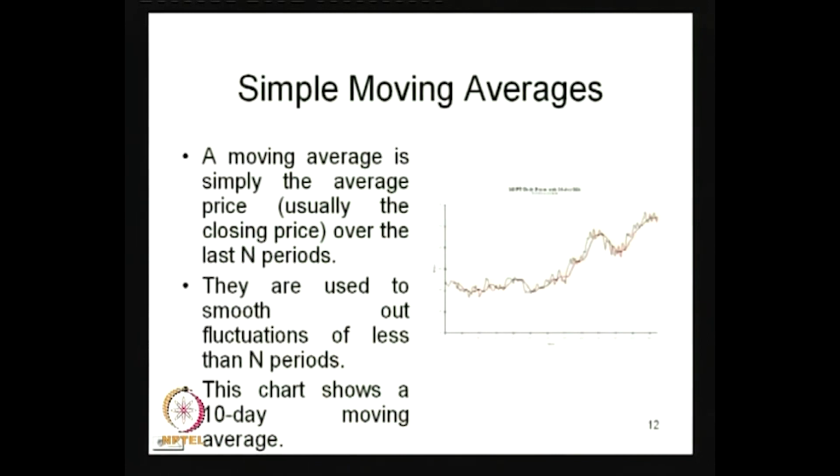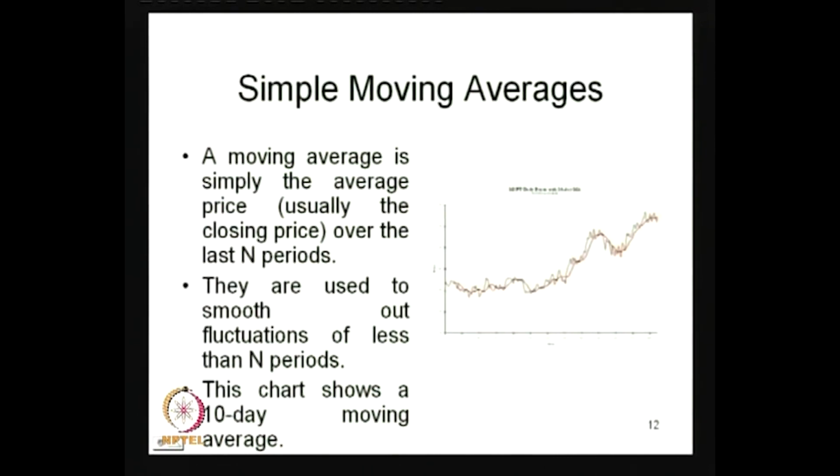But what exactly is a moving average? A moving average is the average price, usually the closing price, over the last n periods. N is the number of periods, and moving averages are used to smooth out fluctuations of less than n periods.